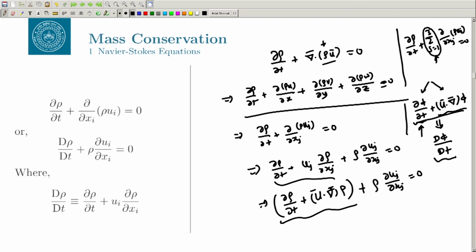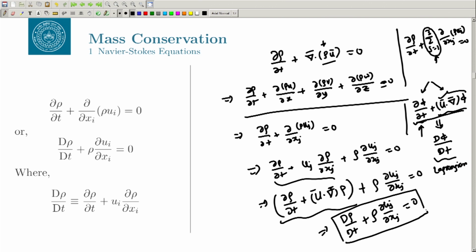So, this is basically the Lagrangian representation, and this is the earlier representation where you are not tracking the particle, but you are fixing a window and you are seeing what is happening inside that window, right. So, you will have fluxes going in and coming out, which will be given by this, and that is the advection, right. So, this entire thing can be written as d rho by dt plus rho del u_j by del x_j is equal to 0.